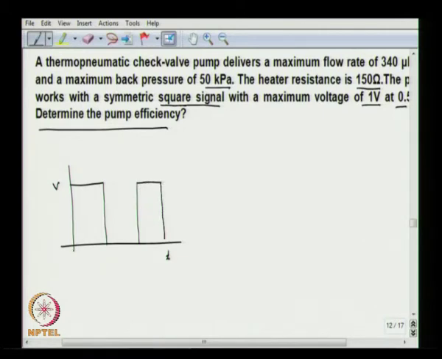So, we can find the power of the pump as P max Q max divided by 2.